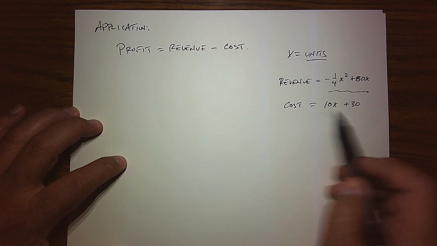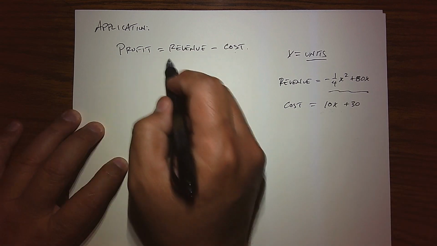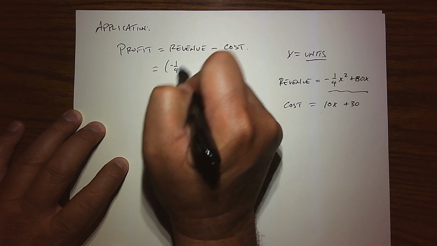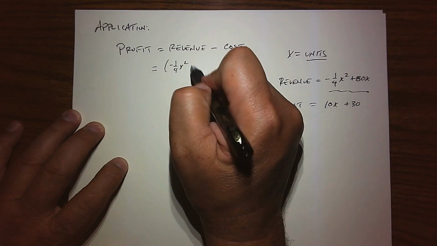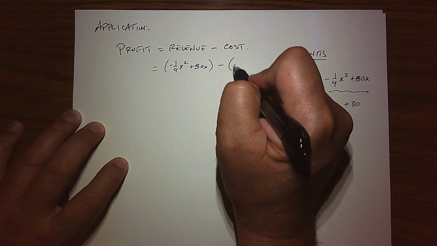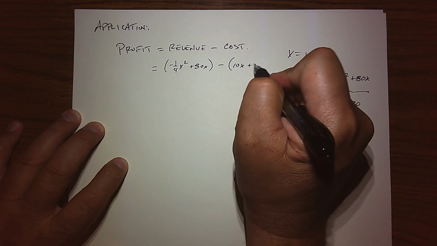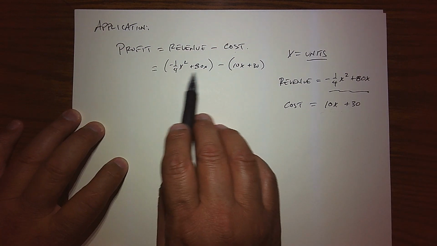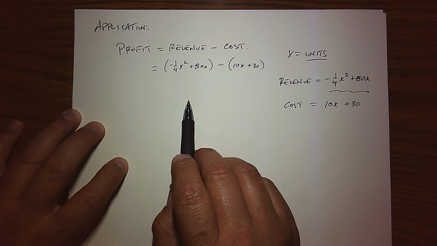And so putting this together, if my profit is revenue minus cost, I'm going to take my revenue function, negative 1/4 x squared plus 80x, and I'm going to subtract my cost function. All right, and then there's your application of subtracting polynomials. We're subtracting a degree 1 binomial from a degree 2 binomial.